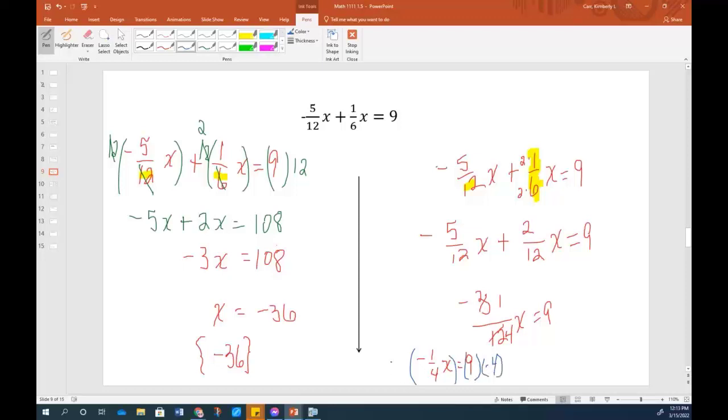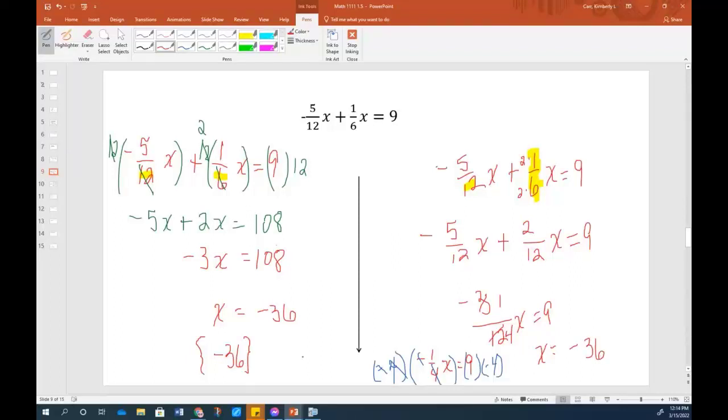So I put parentheses so it looks like multiplication, not subtraction. Okay. Then my negative cancels out with the negative, the 4 cancels out with the 4, and 1x, so that's just x, is equal to negative 36.